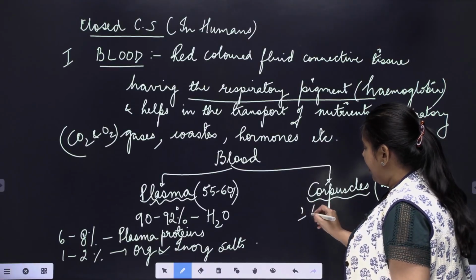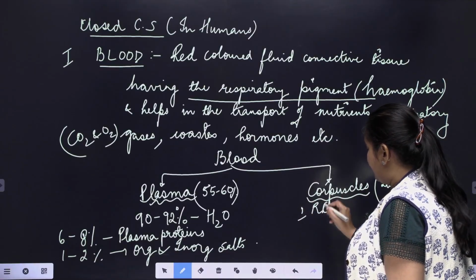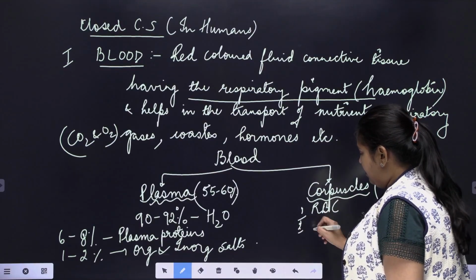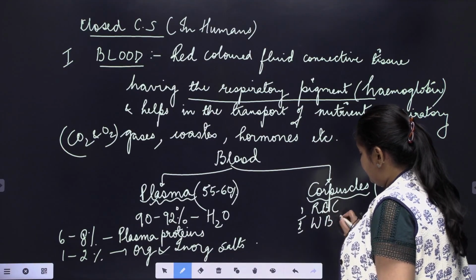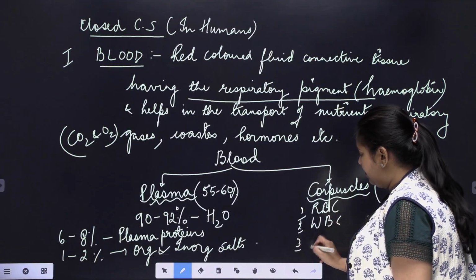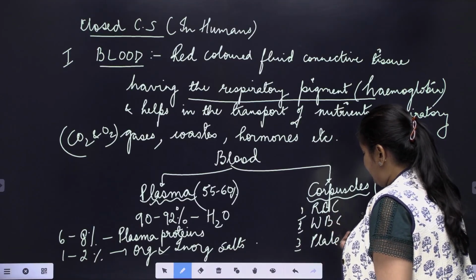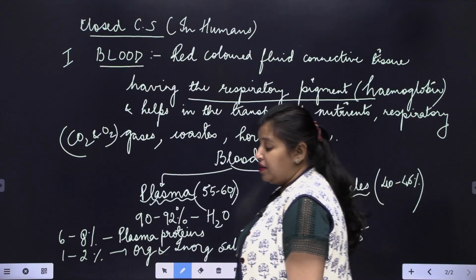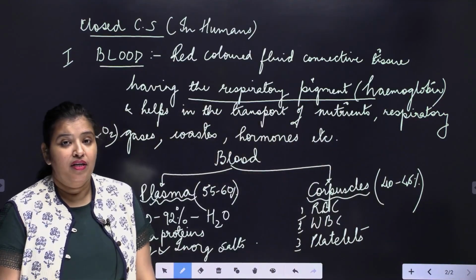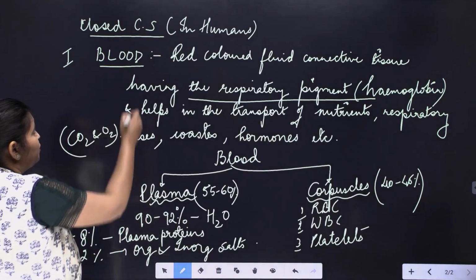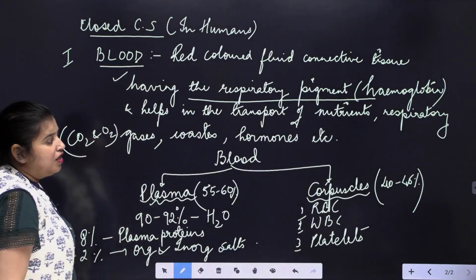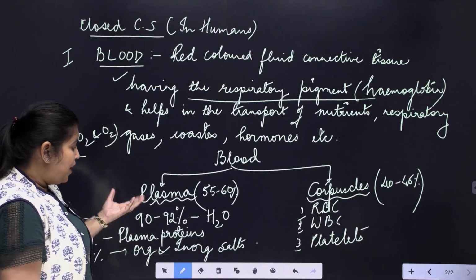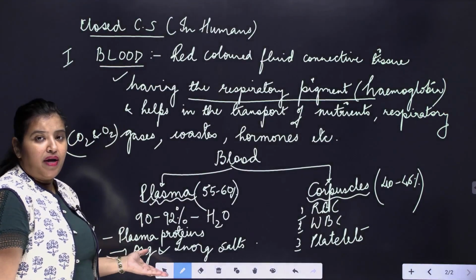The cellular part comprises three cells: the RBC, the red blood cells, second, the white blood cells, and the third one, the platelets. So children, if there is a short note on blood, how will you start your answer? You start by writing the definition. You write the components in the form of a flow chart, where you can write the percentages.